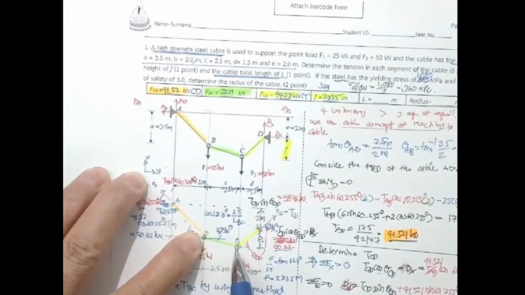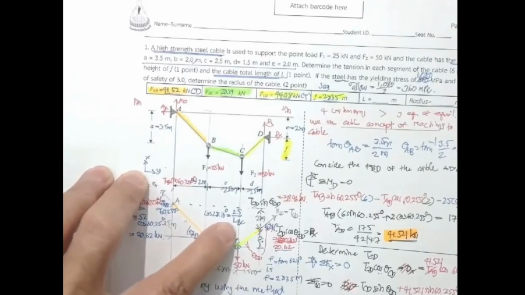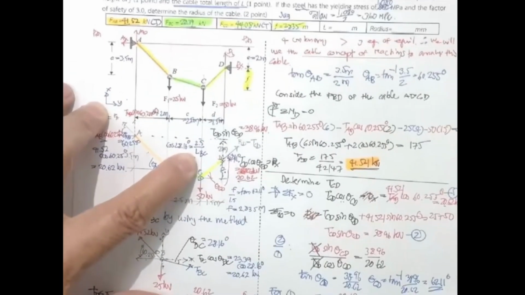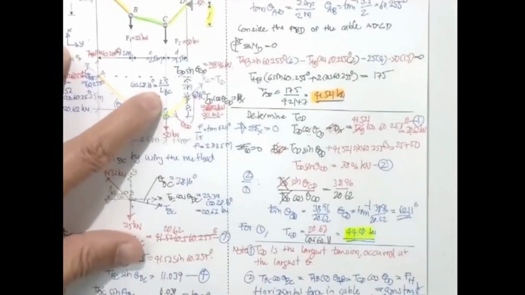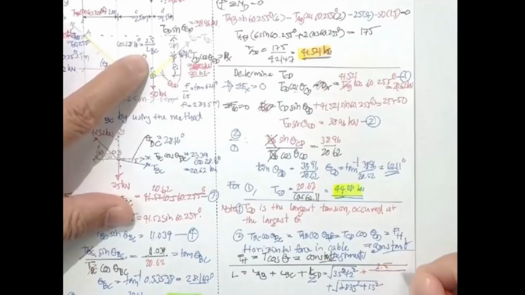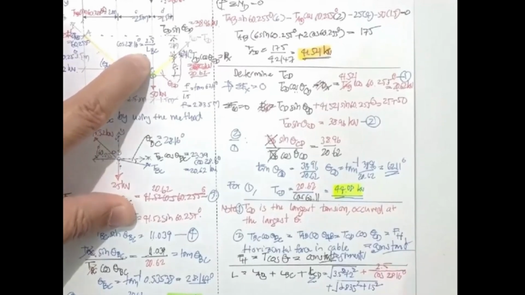So L sub BC is what? We may put it over here. L sub BC equals 2.5 divided by cosine 28.16 degree. Now you will get the result.